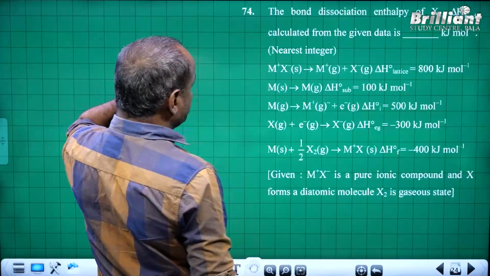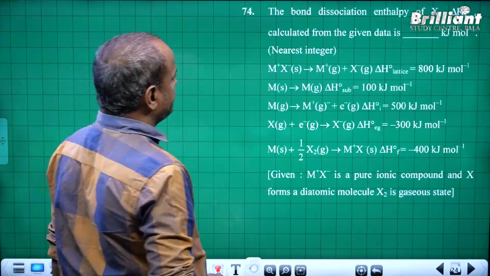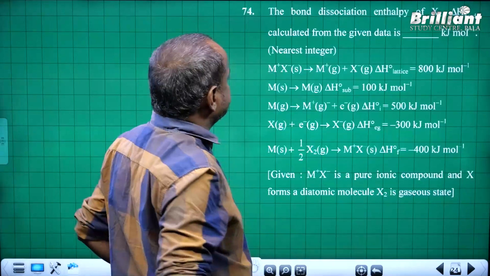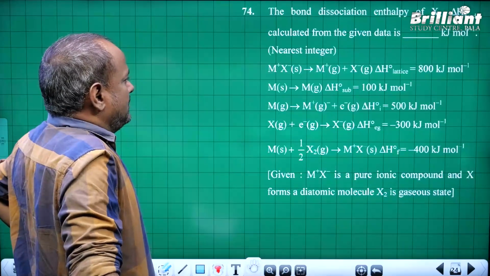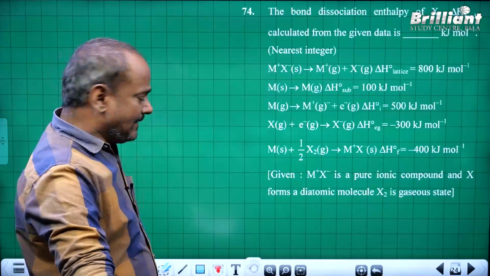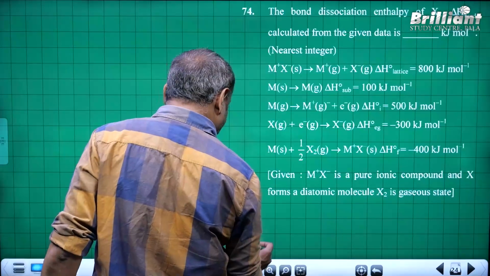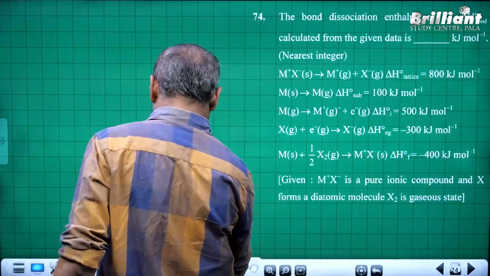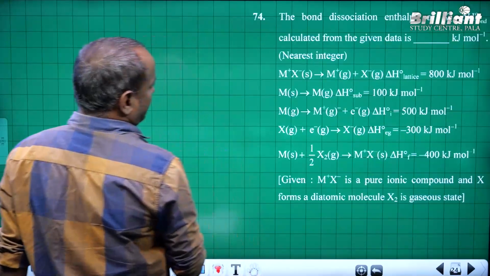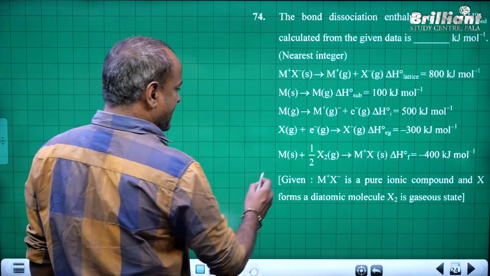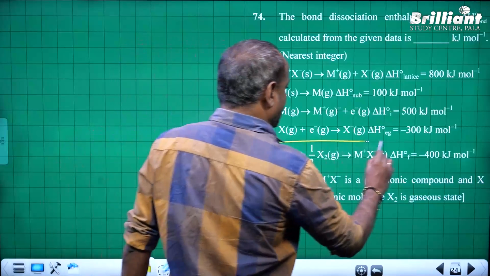Next, the bond dissociation enthalpy of X2 in the following steps. So this is a Born-Haber cycle, lattice enthalpy calculation. First find the direct equation, and apply Hess's law.